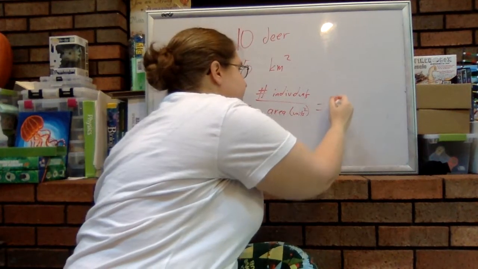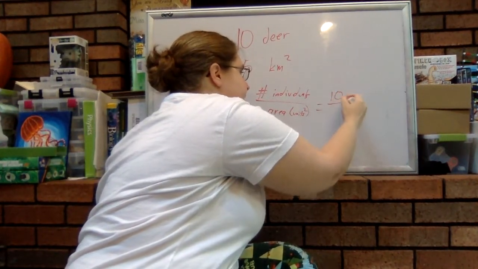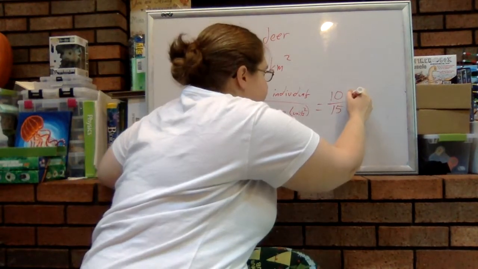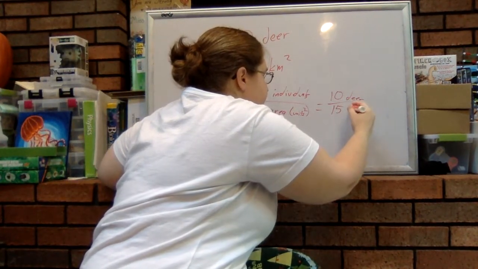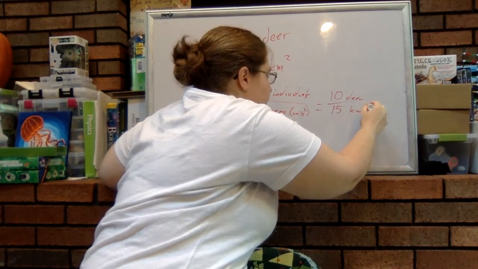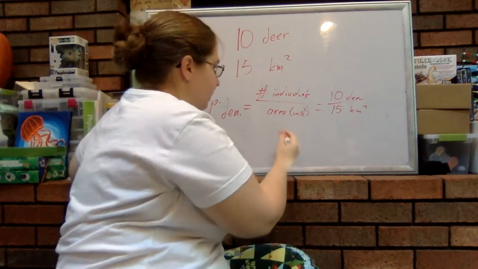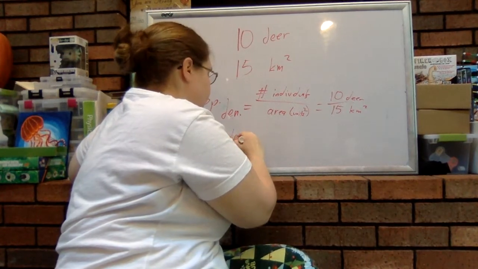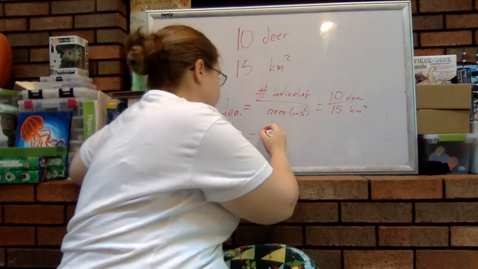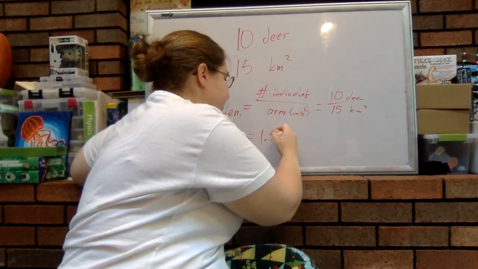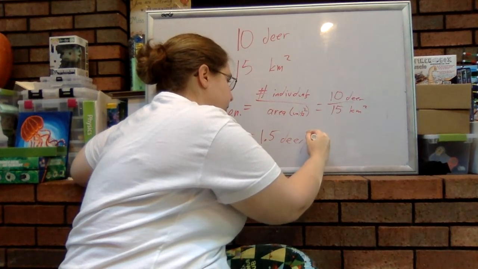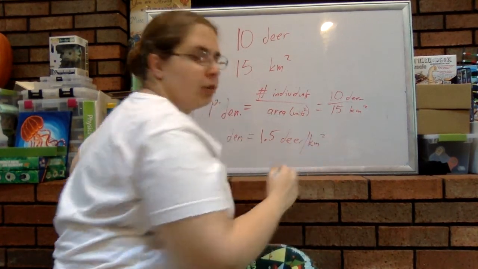So we have 10 deer over 15 kilometers squared. So when we go through and we figure that out, the population density for the deer would be 1.5 deer per kilometer squared.